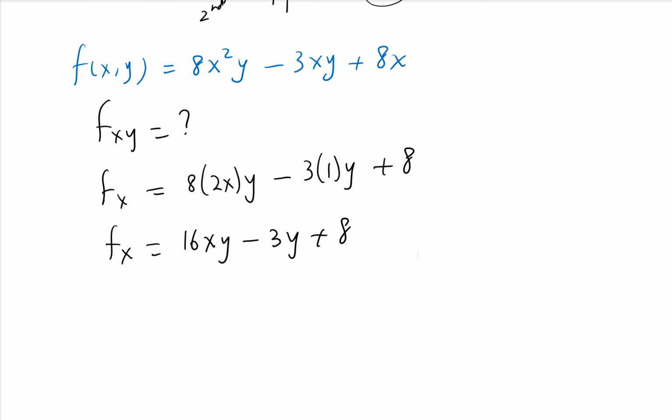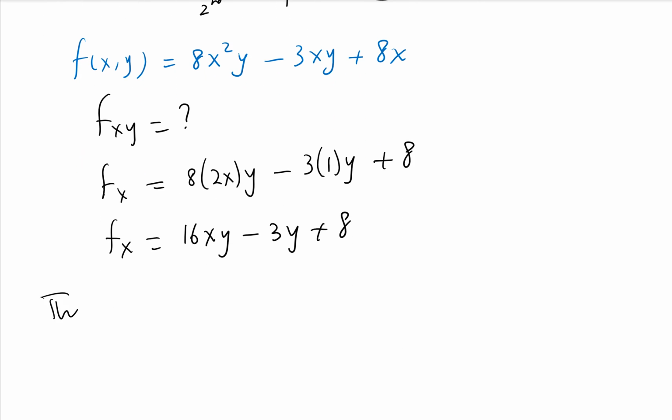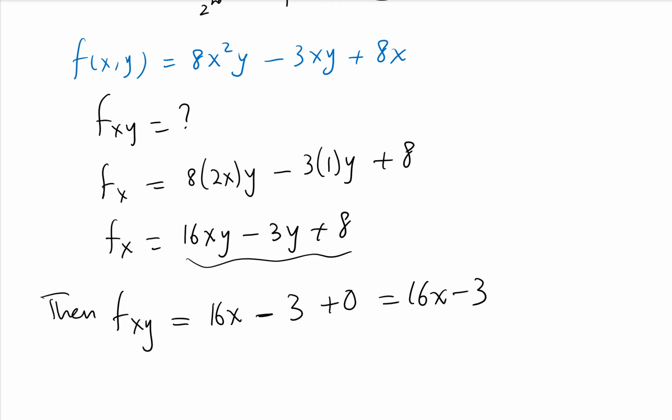Now we found f_x. Then to find f_xy, it's basically you take the derivative of this with respect to y. So it's 16x minus derivative of 3y is 3 plus 0. So the answer is 16x minus 3.